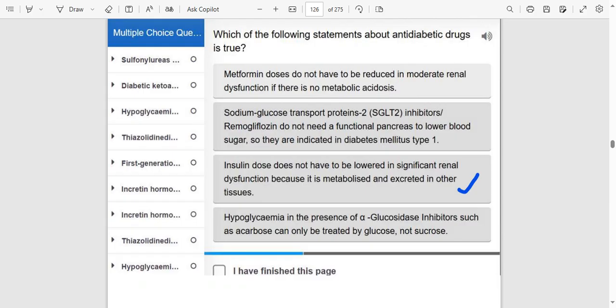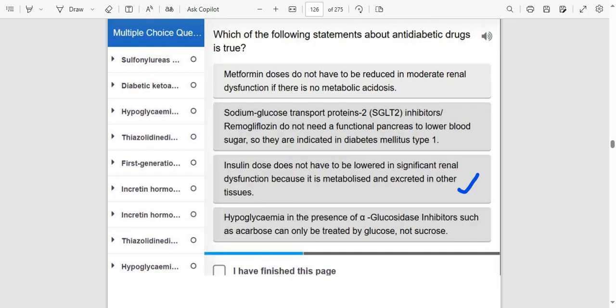Which of the following statements about antidiabetic drugs is true? A: Metformin doses do not have to be reduced in moderate renal dysfunction if there is no metabolic acidosis. B: Sodium glucose transport protein 2 inhibitors like empagliflozin do not need a functional pancreas to lower blood sugar, so they are indicated in type 1 diabetes. C: Insulin doses do not have to be lowered in significant renal dysfunction because it is metabolized and excreted in other tissues.